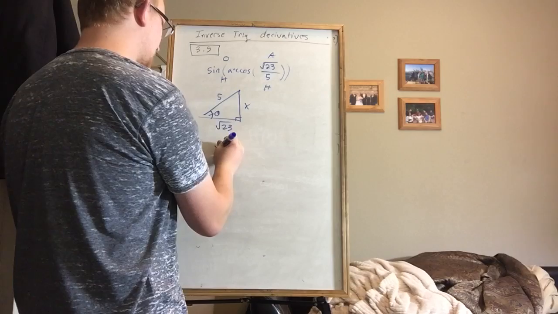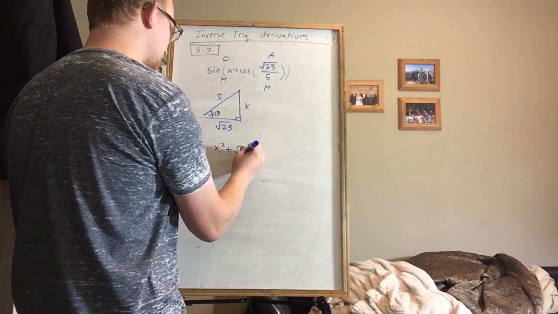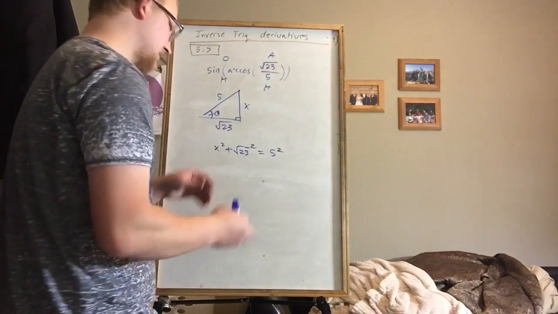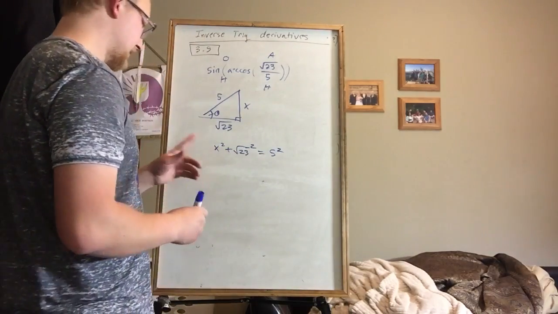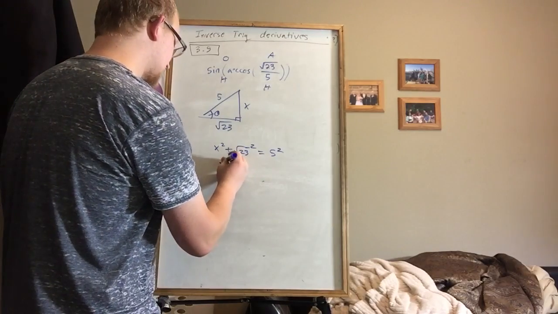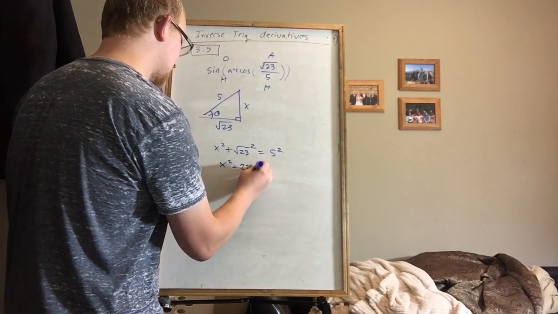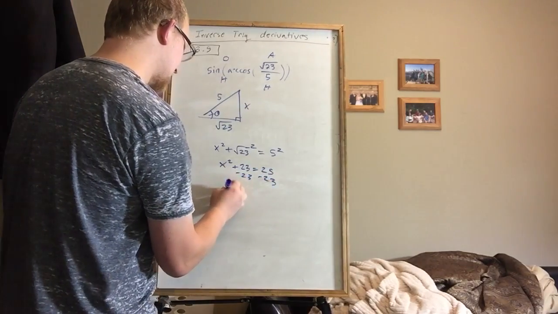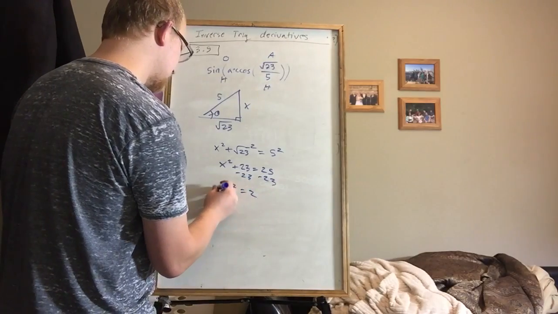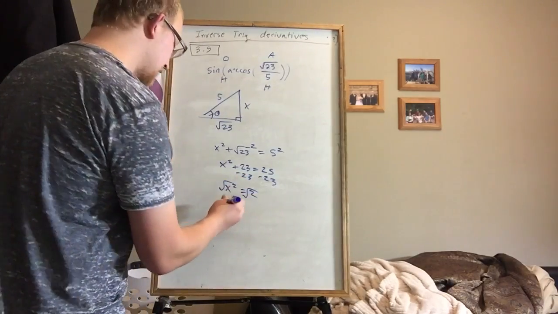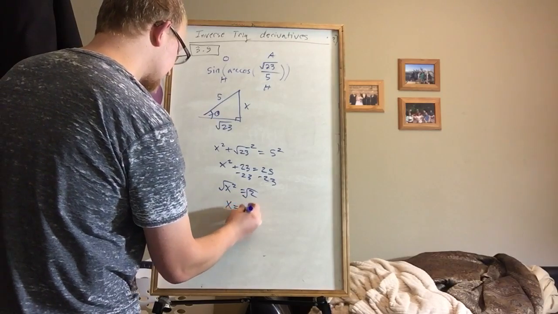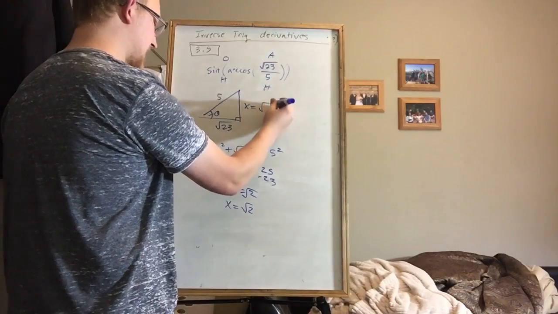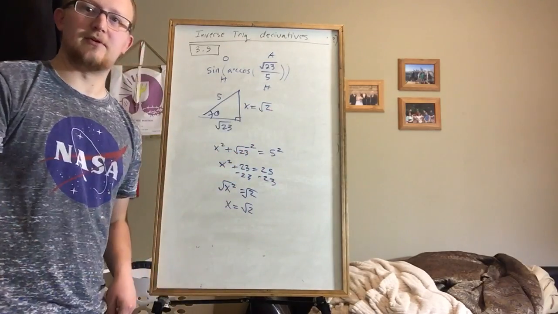We know that x squared plus square root 23 squared is going to equal 5 squared using the Pythagorean theorem. So we end up with x squared plus 23 equals 25. Subtract 23 from both sides and we get x squared equals 2. Take the root of both sides and x equals square root 2. Thus the opposite side of this right triangle is the square root of 2.